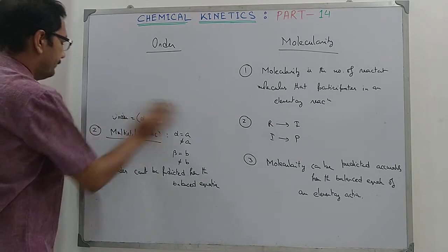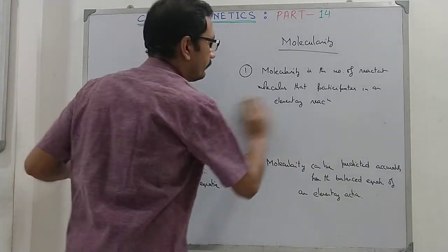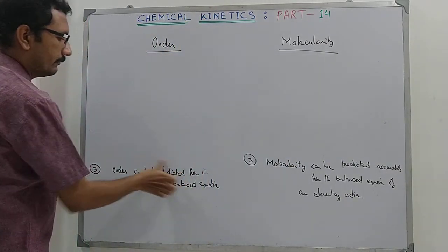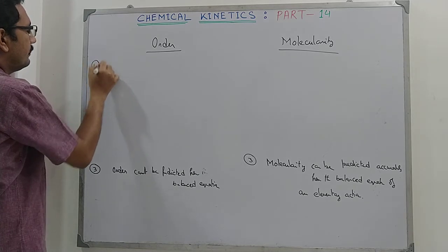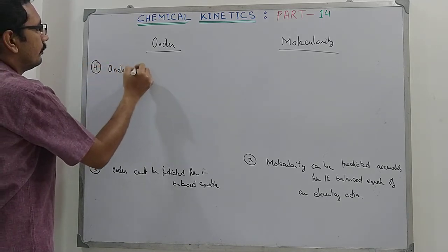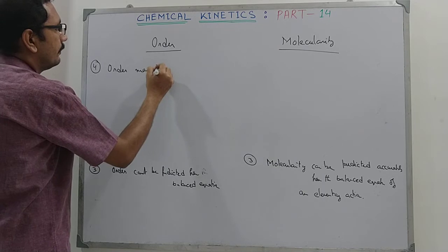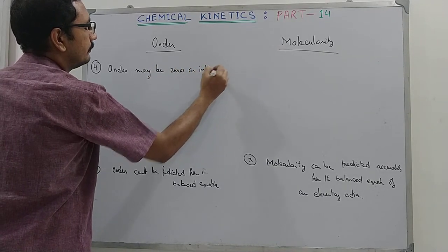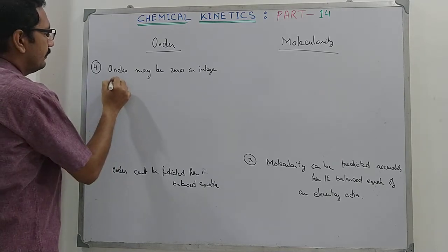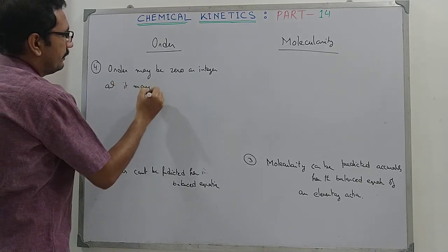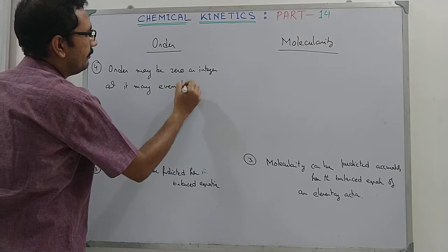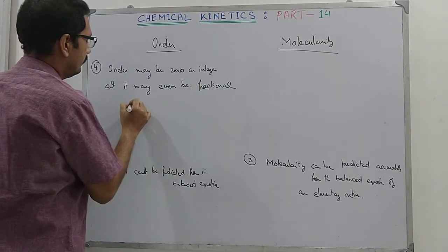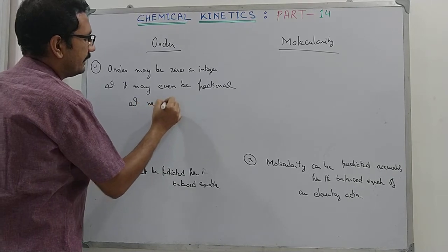Now the fourth point is: order may be 0 or an integer, and it may even be fractional and negative.